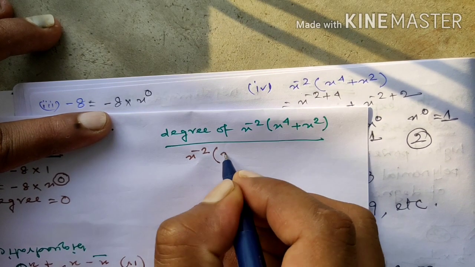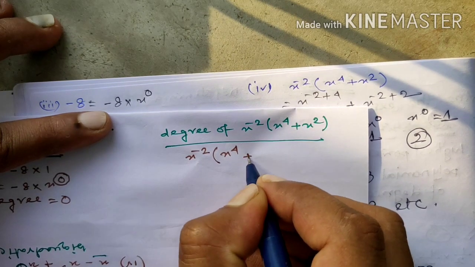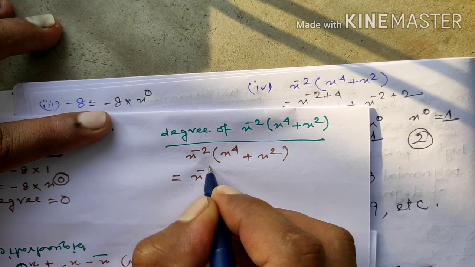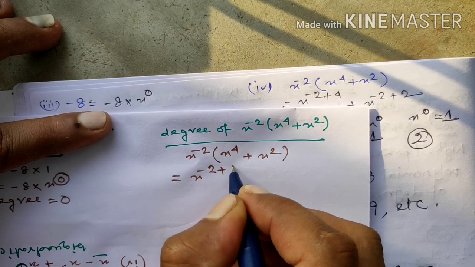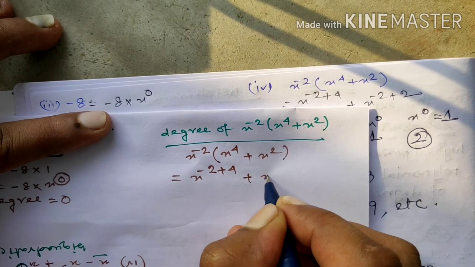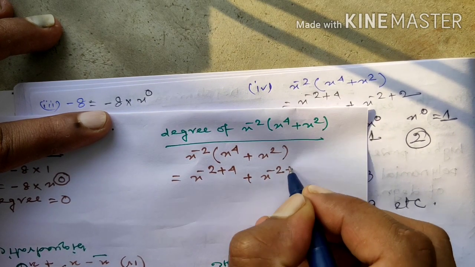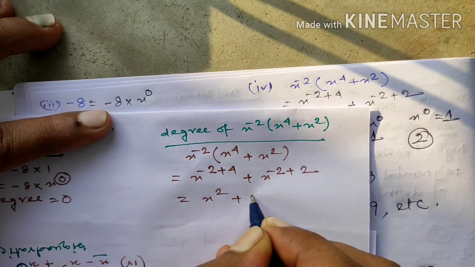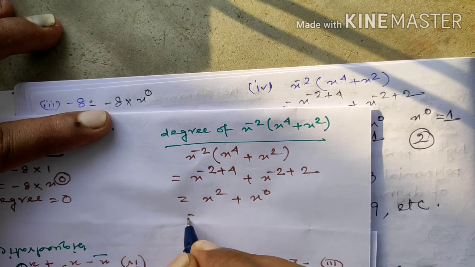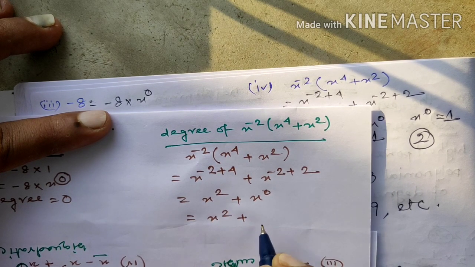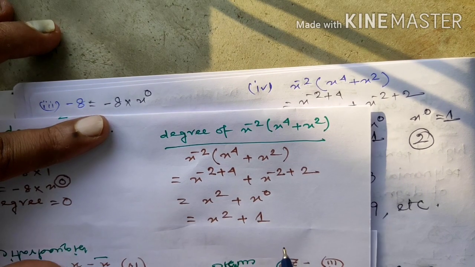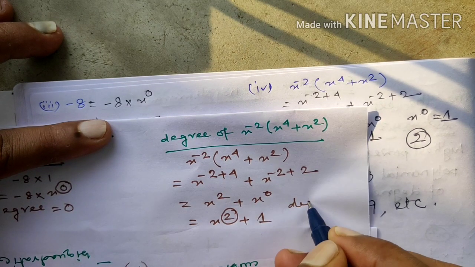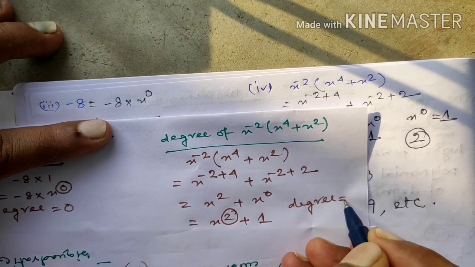Next, similarly, just simple calculation. Degree equal to 2.